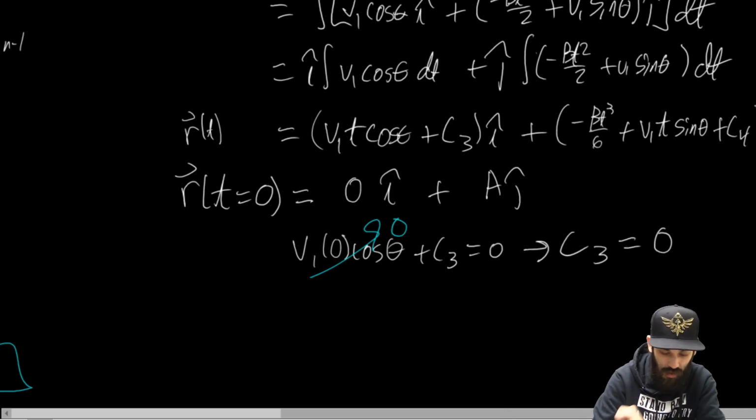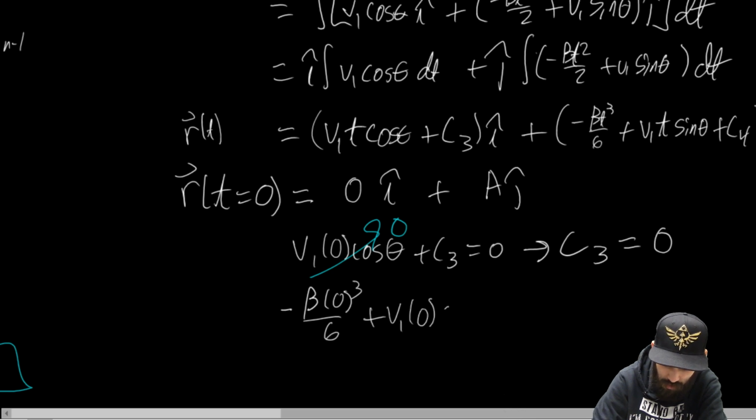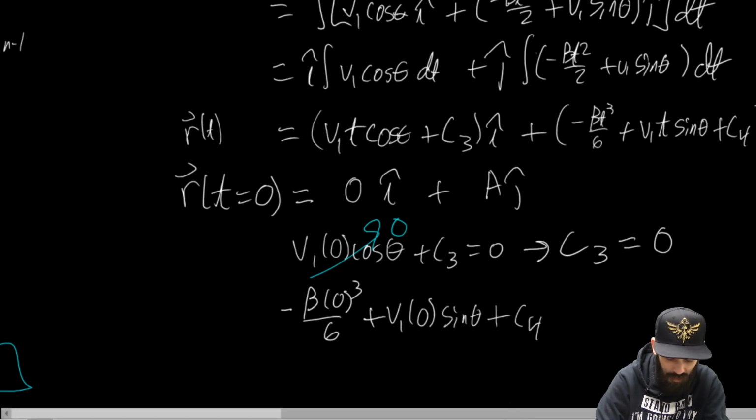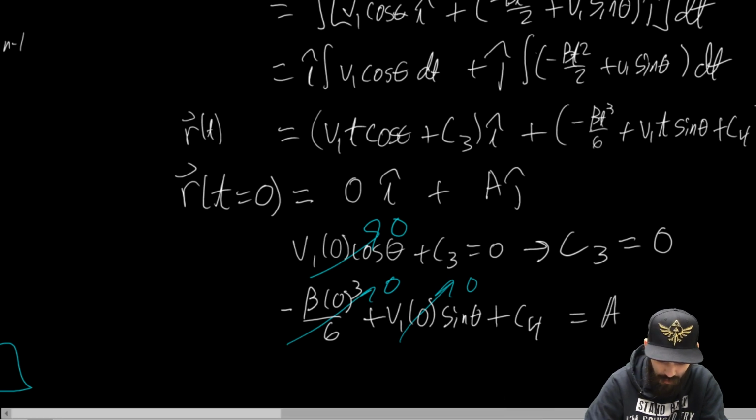And the last one, this is going to be minus beta 0 cubed over 6 plus v1 times 0 times sine of theta plus c4. Again, this goes to 0, this goes to 0. So c4 is going to be equal to a. Okay, so this implies c4 is equal to a.